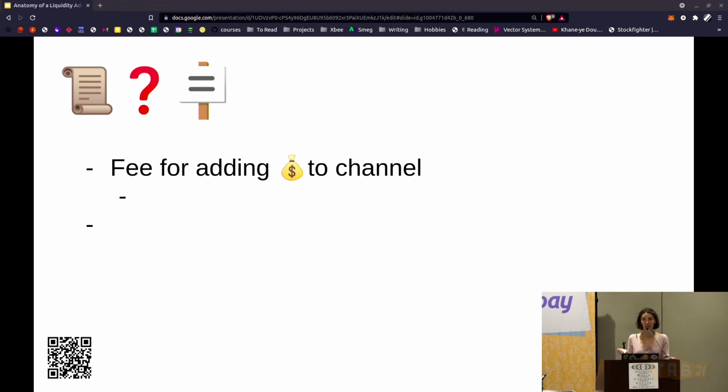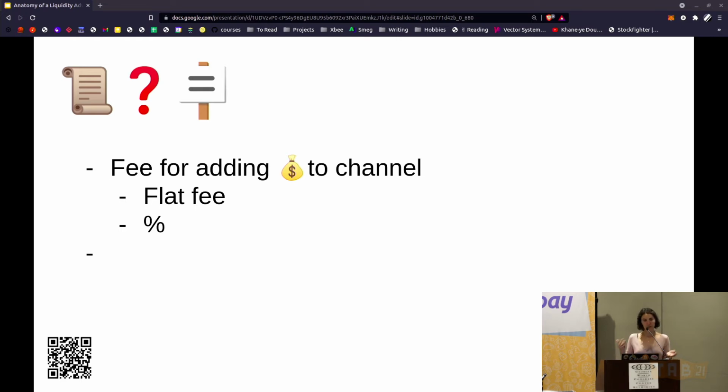So people can pay her for this 1 million sats to put into a channel so they can receive payments through it. First thing she's going to decide is how much she wants to charge for that service of putting that liquidity into a channel with another node. So in Liquidity Ad, there's 2 different ways she can do that, or maybe both. She could put a flat fee, so she could be like, okay, I want 1,000 sats. And if you ask for 500,000 sats or 1 million sats, you're just going to pay me 1,000 sats for that money that I put into the channel.